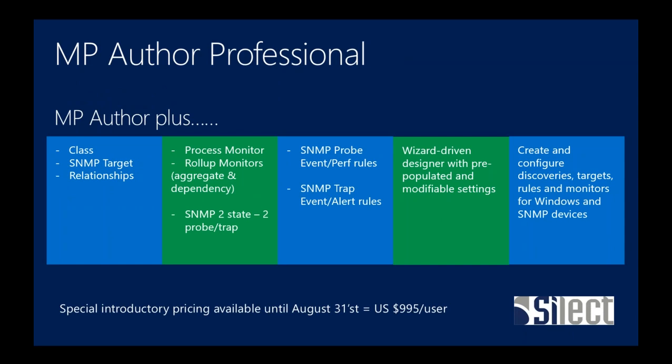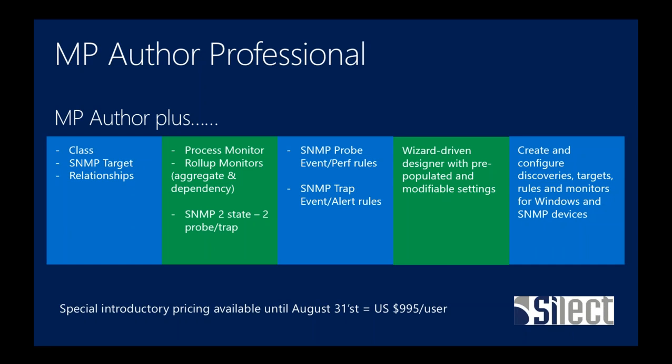Now, MP Author Professional contains all of MP Author, and then some. This slide covers just the new things, the advanced authoring capabilities not available in the free version. So developing a new class, new SNMP target, new relationships, those are advanced authoring capabilities. And then there's the process monitor, roll-up monitors for aggregate and dependency, and then new in this release, SNMP 2-state probe, and 2-state trap monitors.